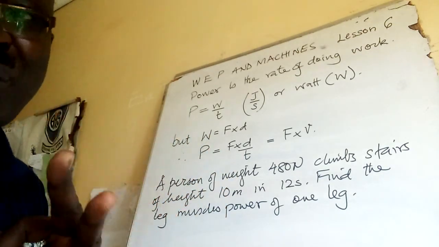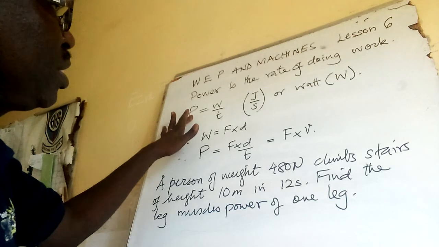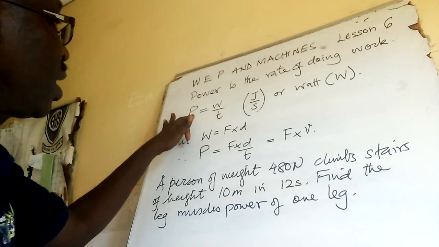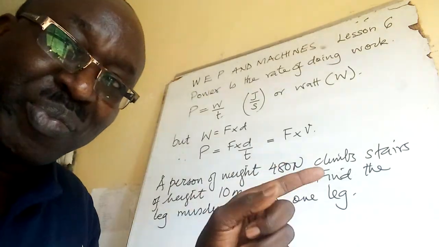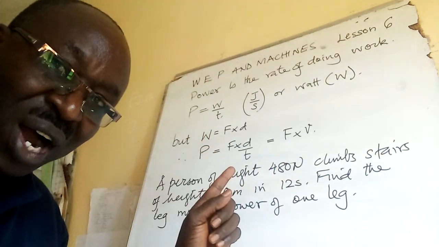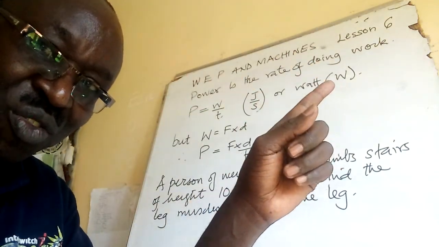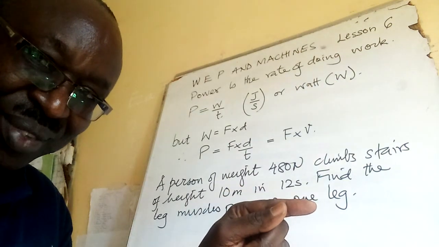So here you have three aspects. You have the basic: power is work over time. In brackets, power is energy change over time.